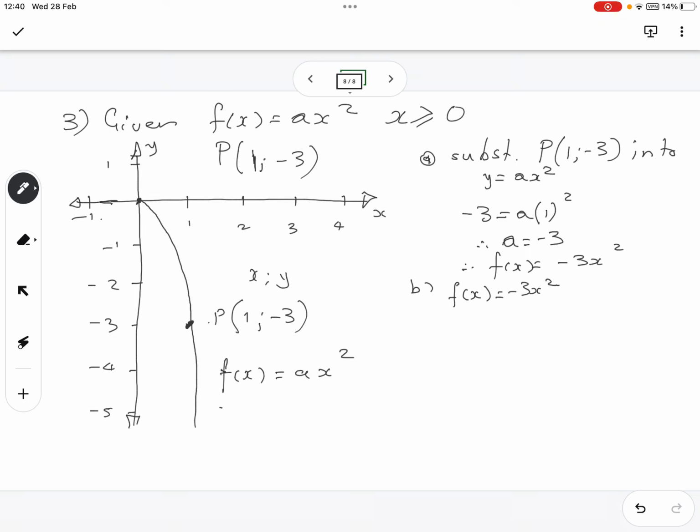Starting with the domain: x is greater than or equal to 0, and x is an element of real numbers. And what about the range? Y is less than or equal to 0, and y is an element of real numbers. Okay, so we're done with B. Then part C.